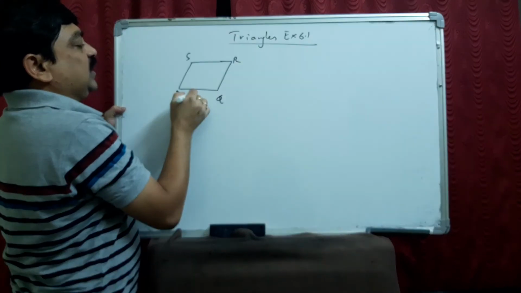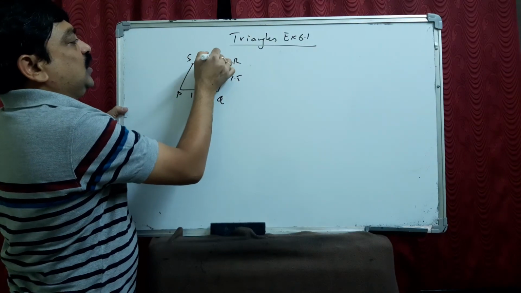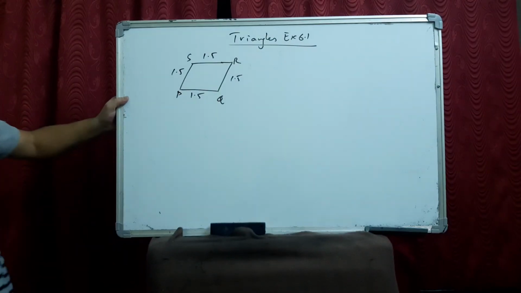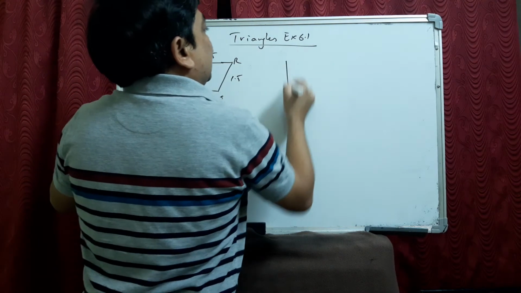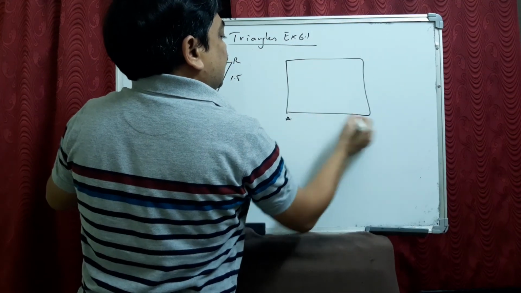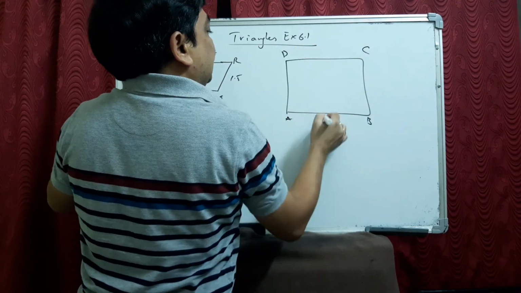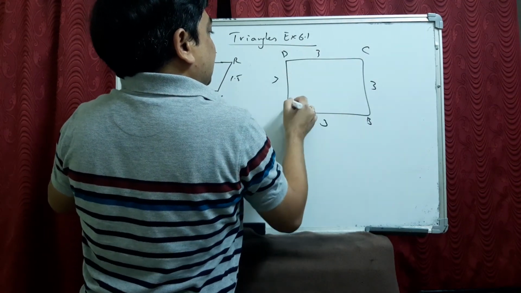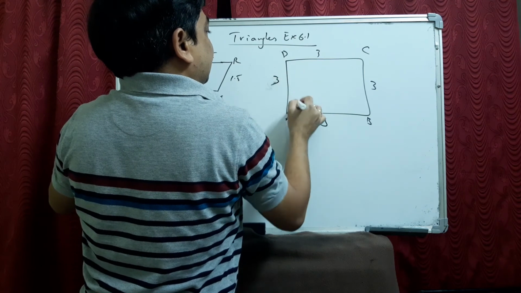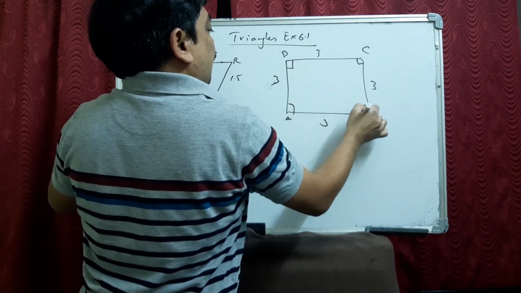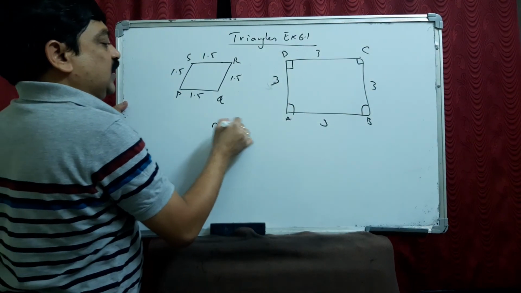PQRS looks like a rhombus because all the sides are equal. And ABCD is a square, with sides 3, 3, 3, 3 and angles 90, 90, 90, 90. See, these two are not similar.